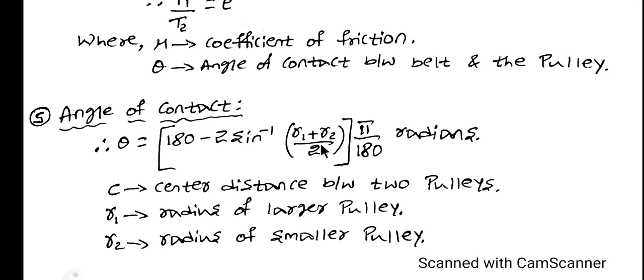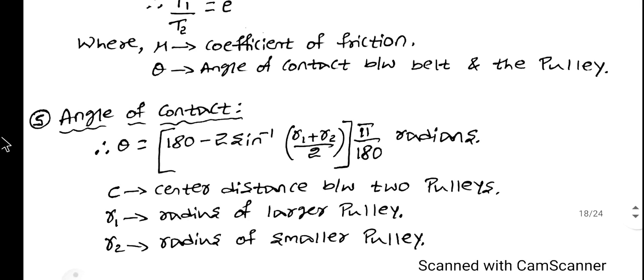It should be r1 plus r2 divided by c. By mistake I have written it as 2. R1 is the radius of the larger pulley, R2 is the radius of the smaller pulley. These are the formulas which will be required to solve the problem. And there are another two formulas: length of belt for cross belt drive as well as open belt drive, which I have derived directly. I will take those equations.